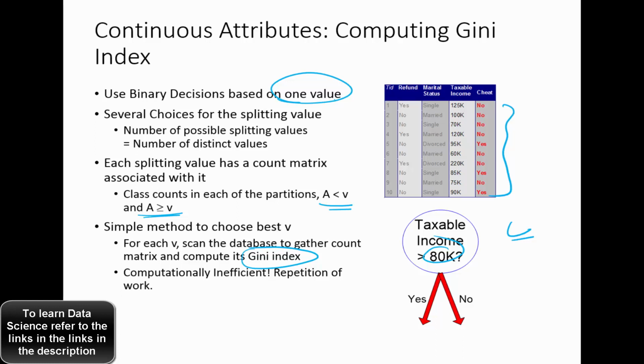For each V, that means for each threshold, and a threshold by the way can be any number in this income group, scan the database to gather the count matrix and compute its Gini index. Based on the Gini index, you find out where exactly your impurity is optimized, and take a decision on that. We have found out that 80K is the case where it is optimized.